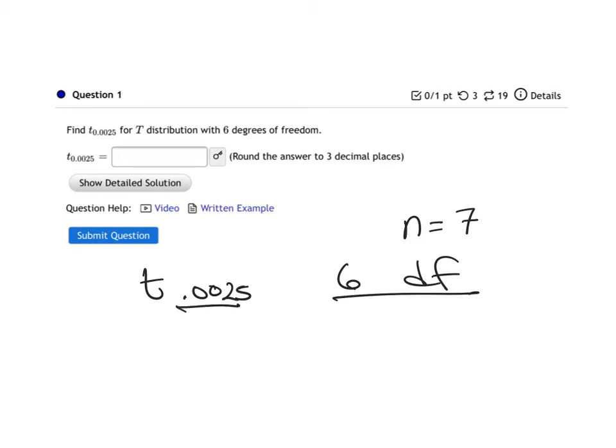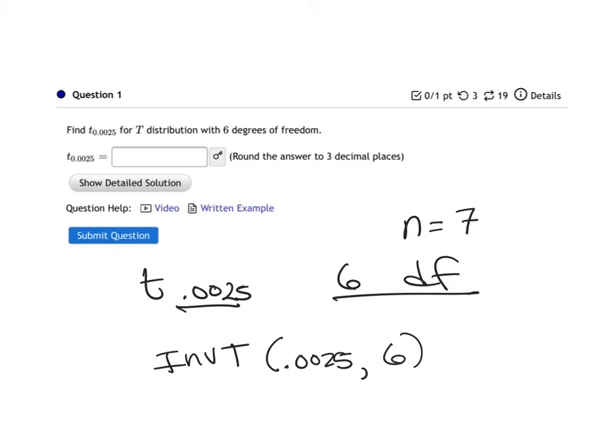And so what you're going to do is inverse t. Then it's going to ask you for the area. You're going to put 0.0025, and then a comma. Then it's going to ask you for the degrees of freedom, and you're going to put 6. So that's how you're going to do that.